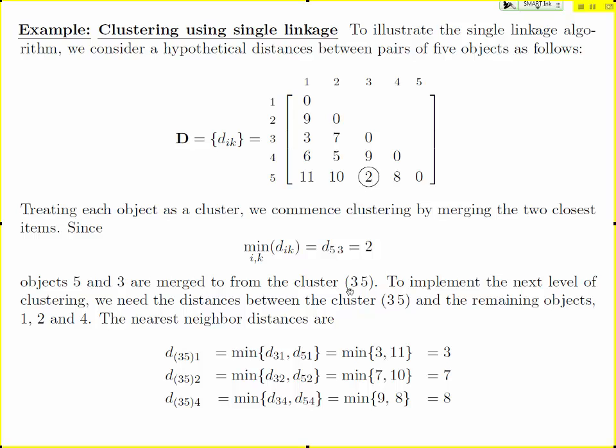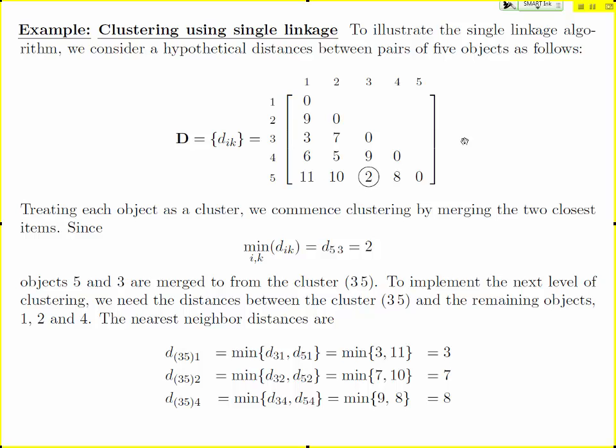Okay, so let's walk through what it would look like: hierarchical clustering with single linkage, and the distances are right here. Step 1 would be to find the smallest number in that distance matrix, which is 2.